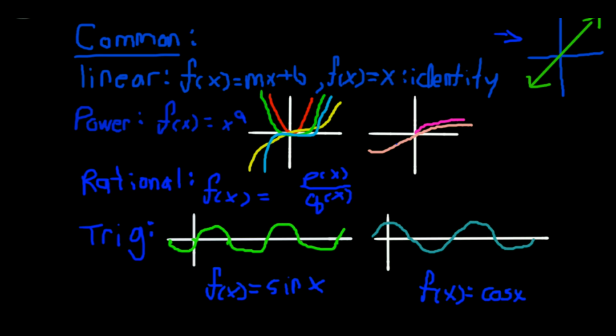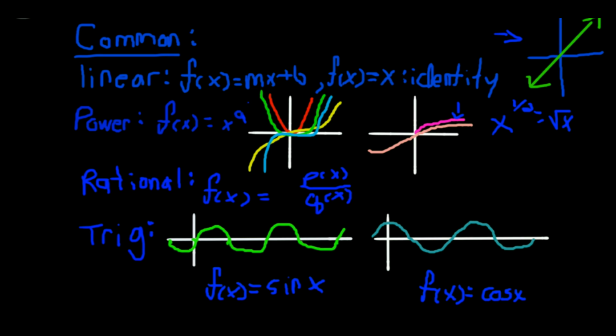Next we have functions with a power less than 1. For example, this pink one right here that only comes off this one way is x to the 1/2, which is also the square root function.